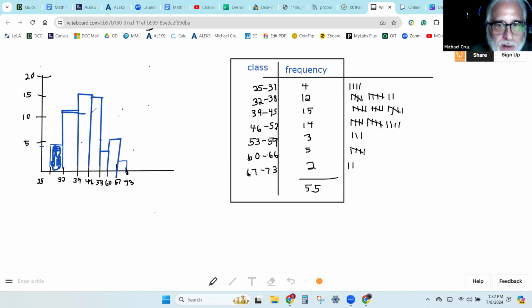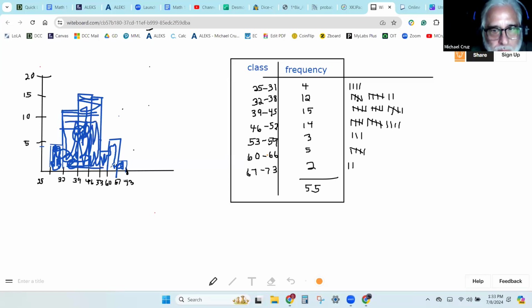And as I said, all of these are technically colored in because it's a bar chart. And what that does is it shows you the pattern of the data. So we've got to just imagine that this whole thing is colored in.